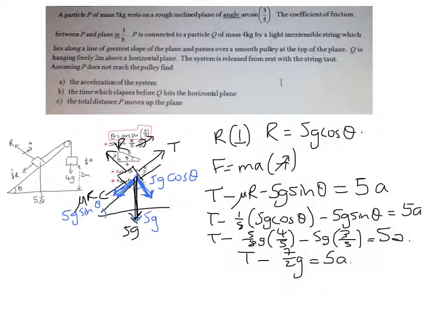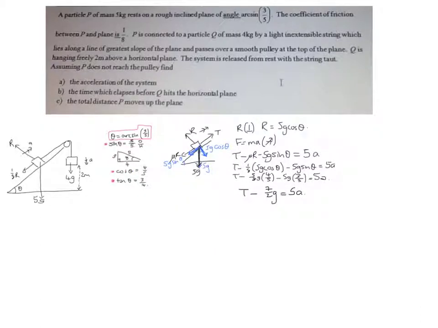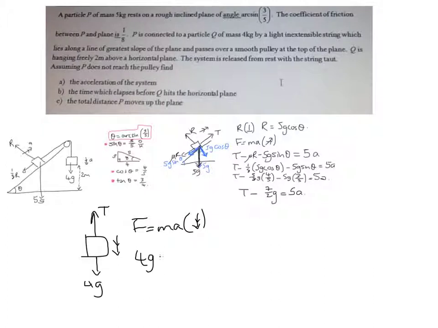Now let's look at the other one. So the second particle has the weight 4g, it's got the same tension because it's a smooth pulley, it's accelerating this way, no direction in which to do equilibrium, so we'll do F equals ma downwards, that gives us 4g minus T is the mass, which is 4 times the acceleration.